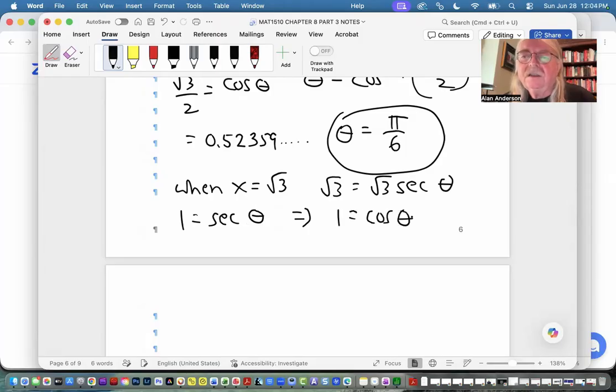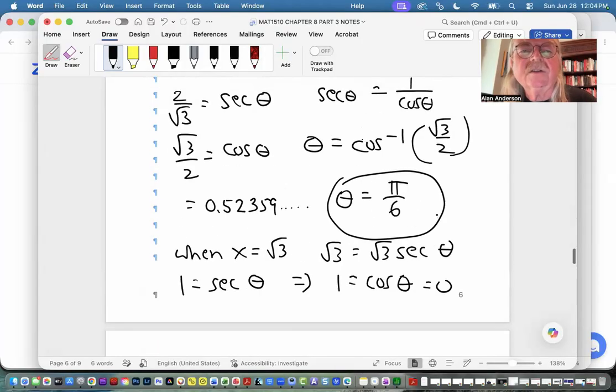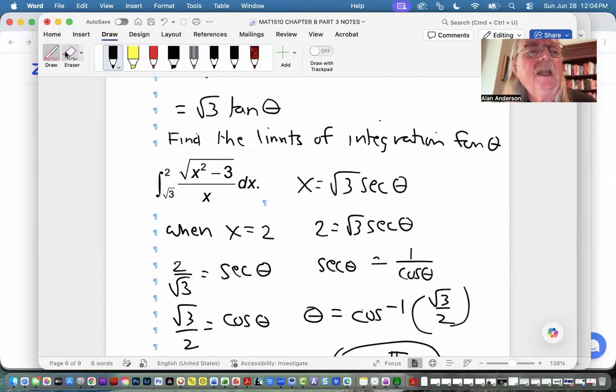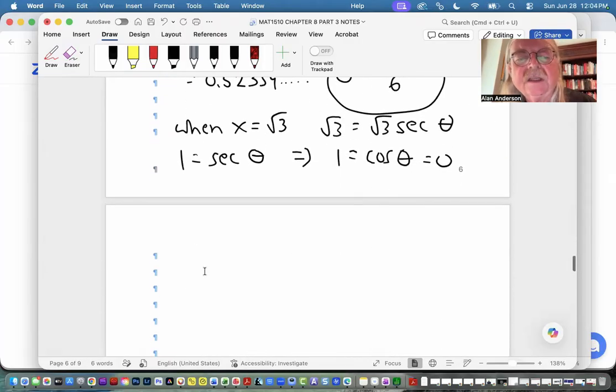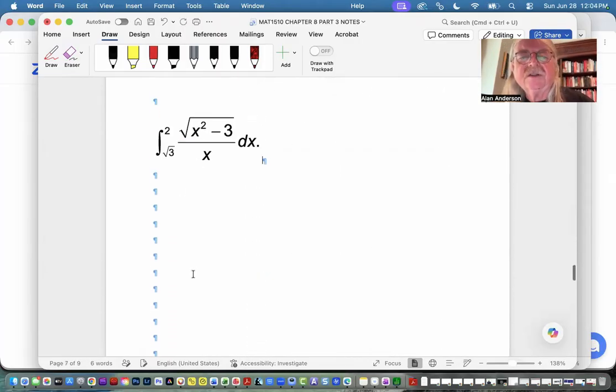So we try the arc cosine again, and you'll just get 0. All right, so in other words, here's what we're actually going to try to solve. Instead of solving it directly, we're going to make all the necessary substitutions as well as the limits of integration.